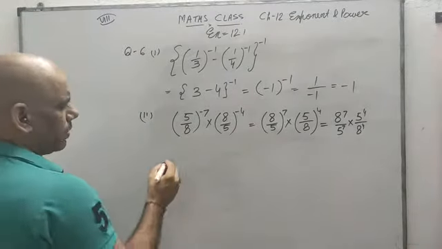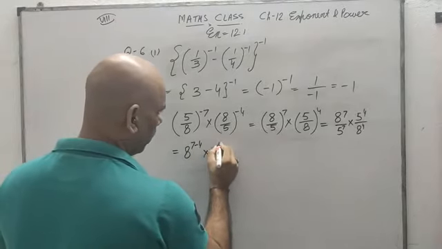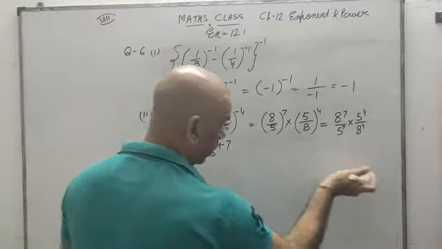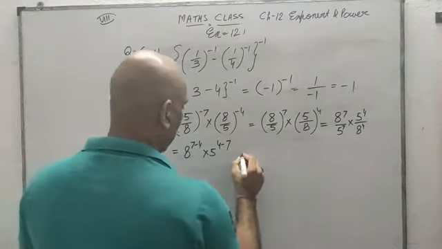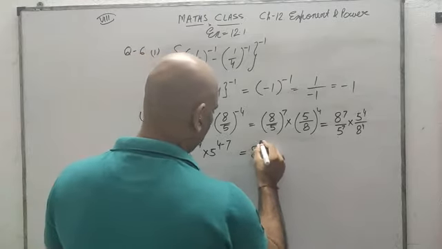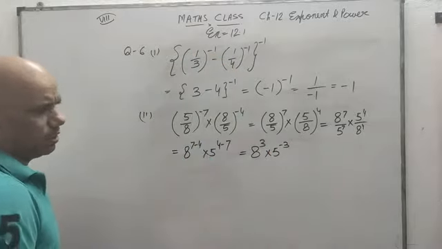Now in division powers will be subtracted. So 8 to the power 7 minus 4, or 5 to the power 4 minus 7, because 7 will go up. So 4 minus 7 it will be. I got 8 to the power 3 and 5 to the power minus 3.